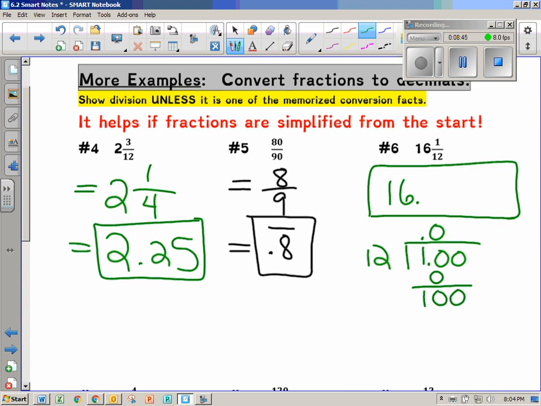Oops, sorry, that's 10. Bring down another 0, or you could have just said, okay, now I'm going to divide into 100. That would go 12 times 8 is 96. Subtract, you get a 4, add a 0 and bring down. 12 into 40 goes, no, I'm crazy, 3 times.